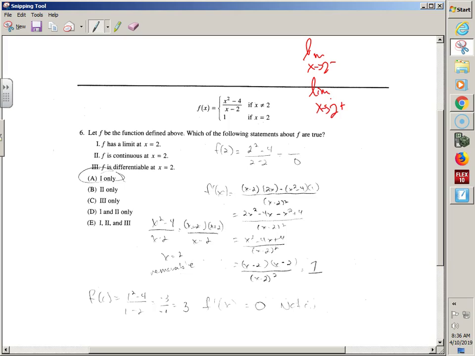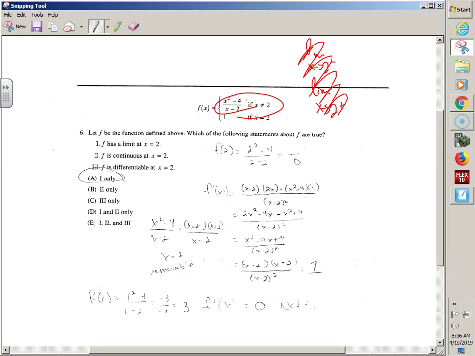Wait a minute, 1.9, what piece would that be? This guy? Wait a minute, 2.1, what piece would that be? This guy? Oh, so what am I doing for any of my limits? Just the top guy. If you plug in 0 over 0, what would you guys do, factor or L'Hopital's?